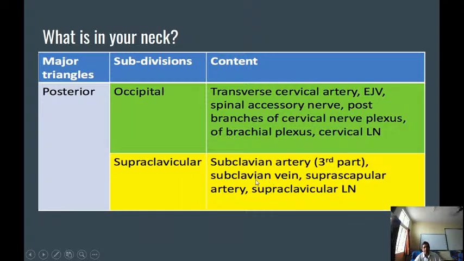Then you go into the supraclavicular region, where you have the subclavian artery, the subclavian vein, and suprascapular artery, and supraclavicular nerve, lymph nodes. Now these are the structures which are present in the supraclavicular triangle, which is part of the posterior triangle.